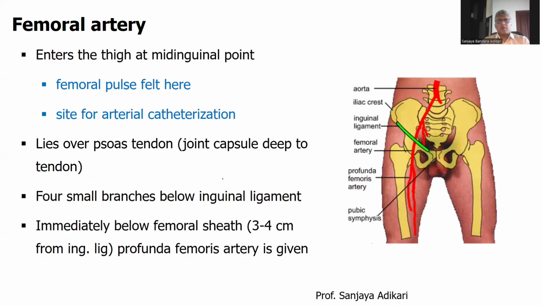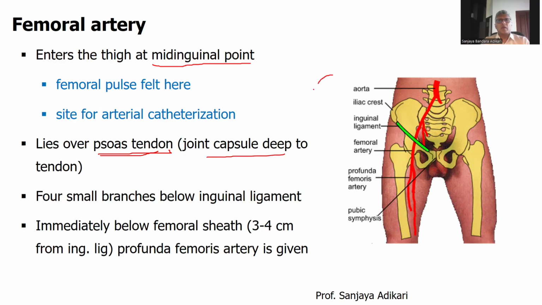Few things about femoral artery, already I have mentioned. Femoral pulse, if you feel femoral pulse, usually you feel at the mid-inguinal point. Okay, mid-inguinal point. And when you press the artery to feel pulse, actually you are pressing the artery against the psoas tendon. Okay, against the psoas tendon, it separates the artery from the joint capsule, because deep to the psoas tendon lies the joint capsule.